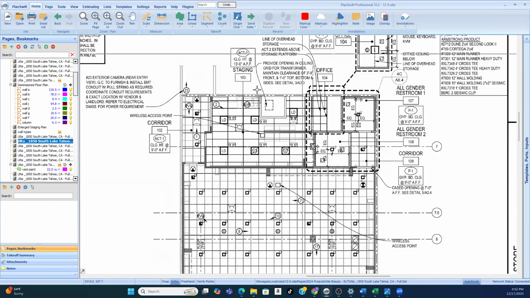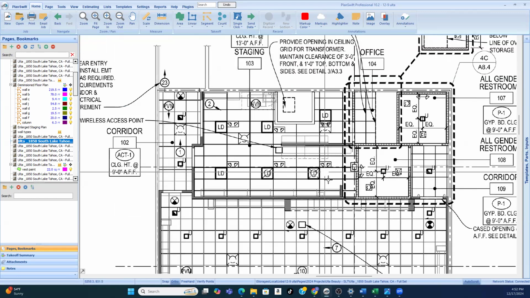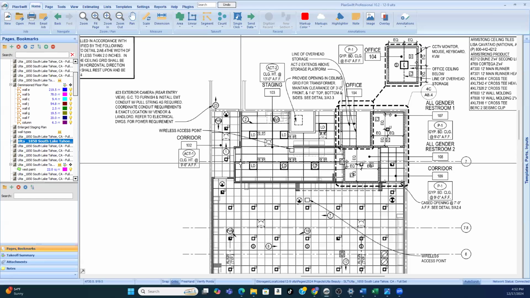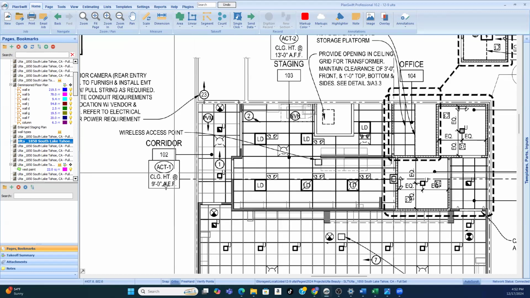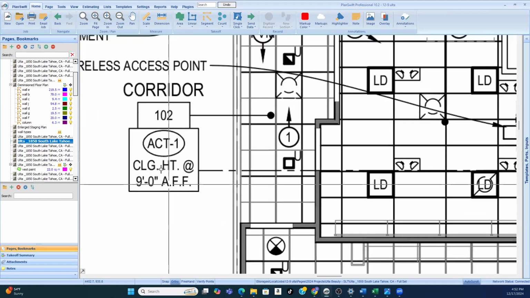Now, the good thing is it also tells you the ceiling finish, which is its job. Okay, the job of the reflective ceiling plan is to tell you the finish in each room and the height of that ceiling. So if you had to guess, once we look at the framing schedule, well, we know that the corridor is 9 feet AFF, above finished floor, ceiling height at 9 feet AFF.